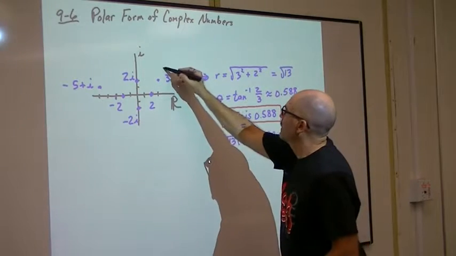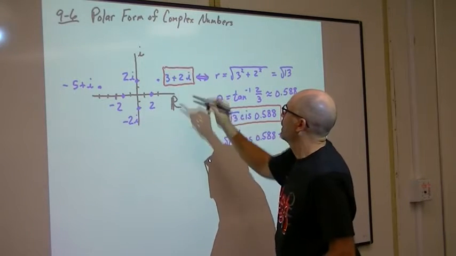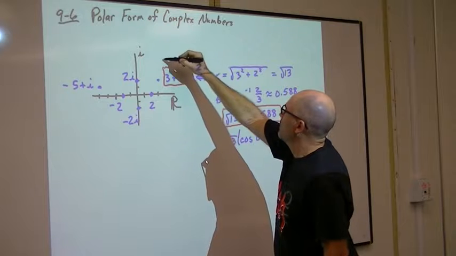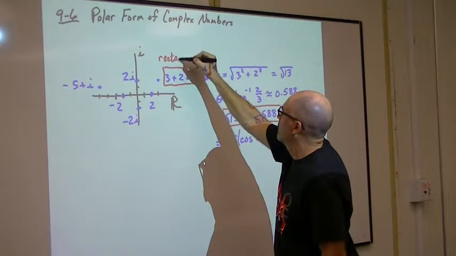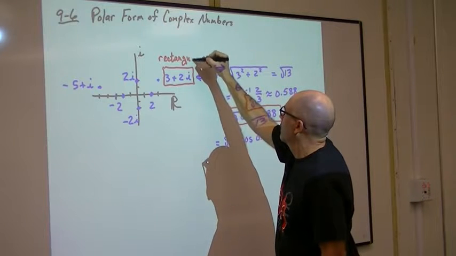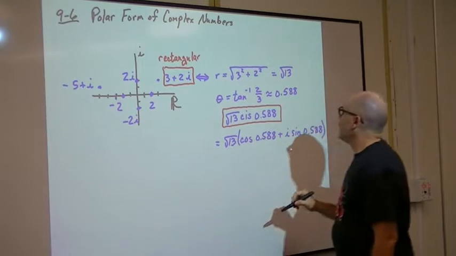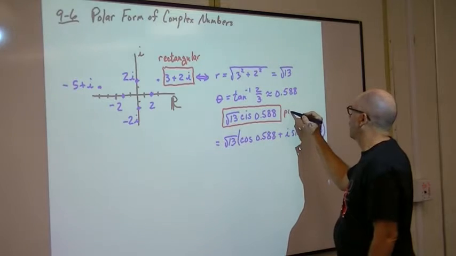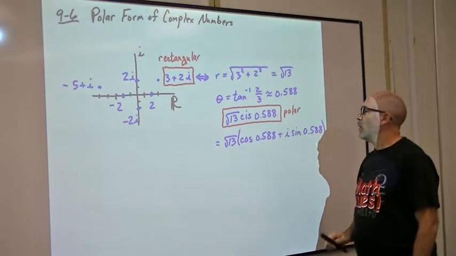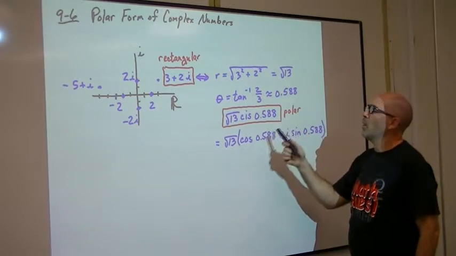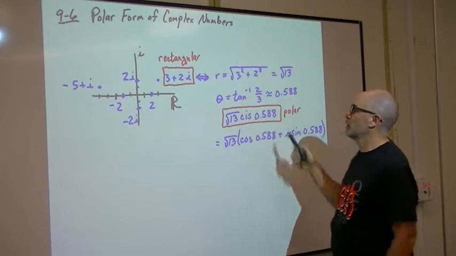So we have rectangular form and we have polar form. Now, I just showed you how to get from rectangular to polar.